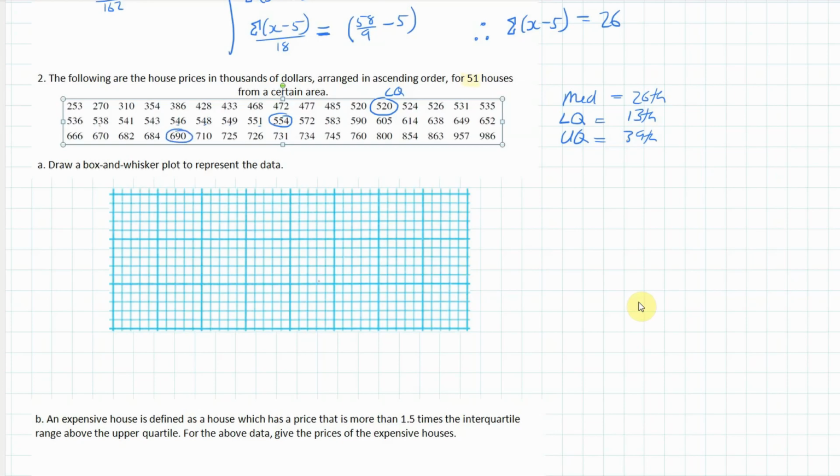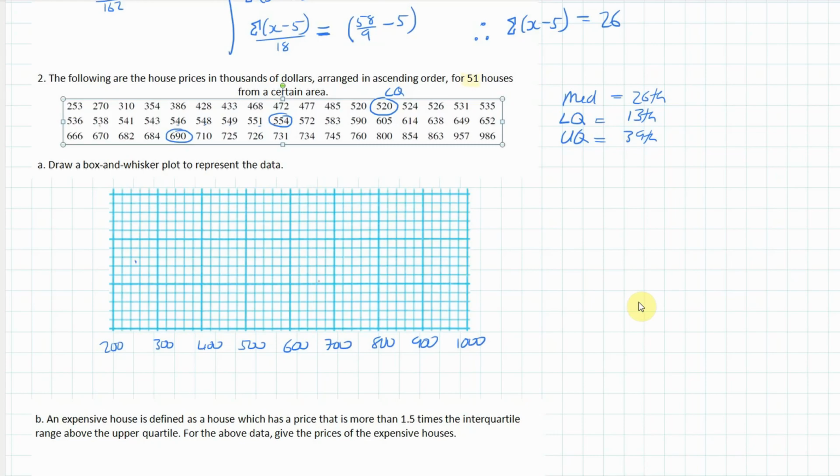And then we're ready to draw our box and whisker. So I'll make that 200, 300, 400, 500, 600, 700, 800, 900, 1000. And our lowest value is 253, so I can pop that about there approximately.